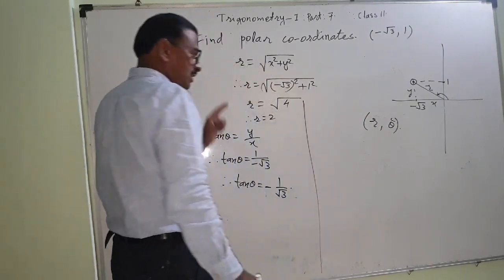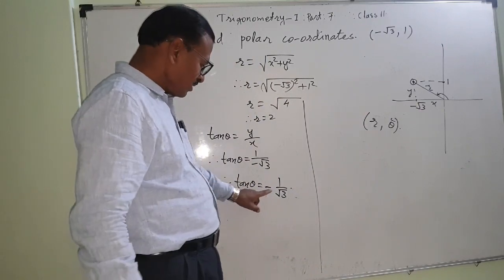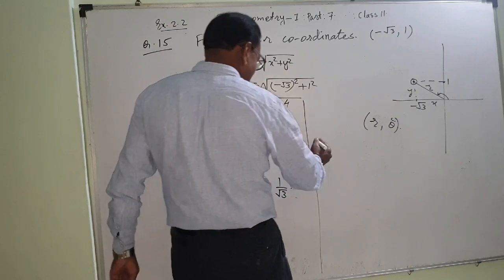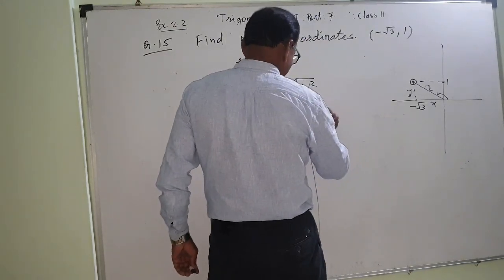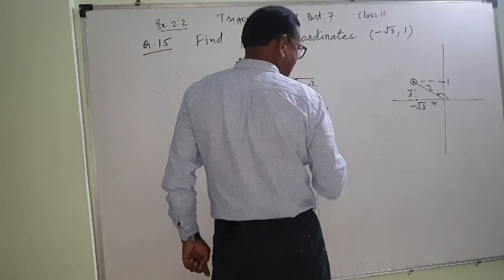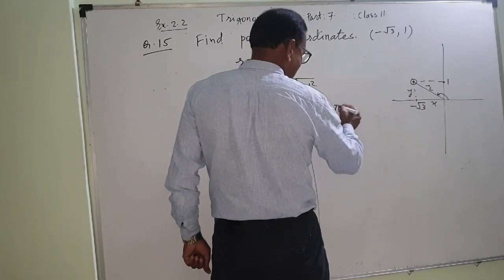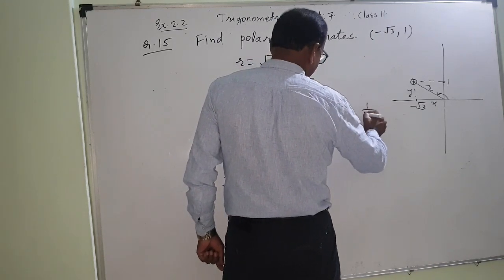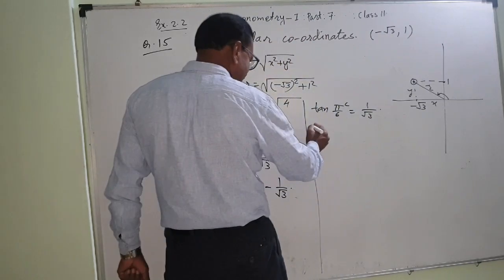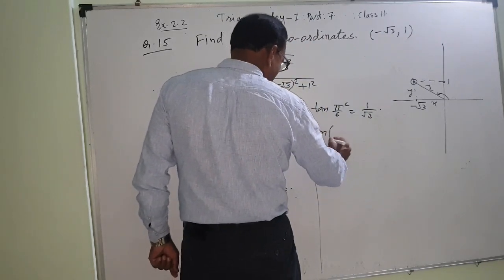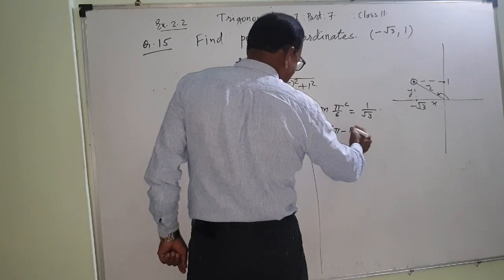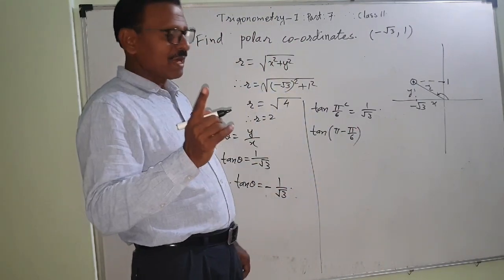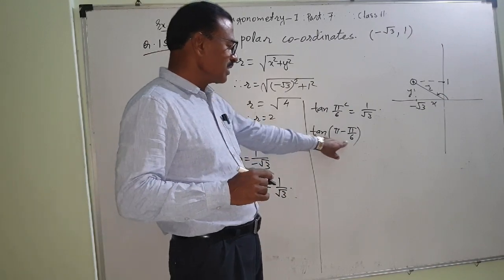How do we come to this? This is of 30 degrees. Tan of 30 degrees, that is pi by 6 radians, is equal to 1 upon root 3. And tan of pi minus pi by 6, in which quadrant is it coming?